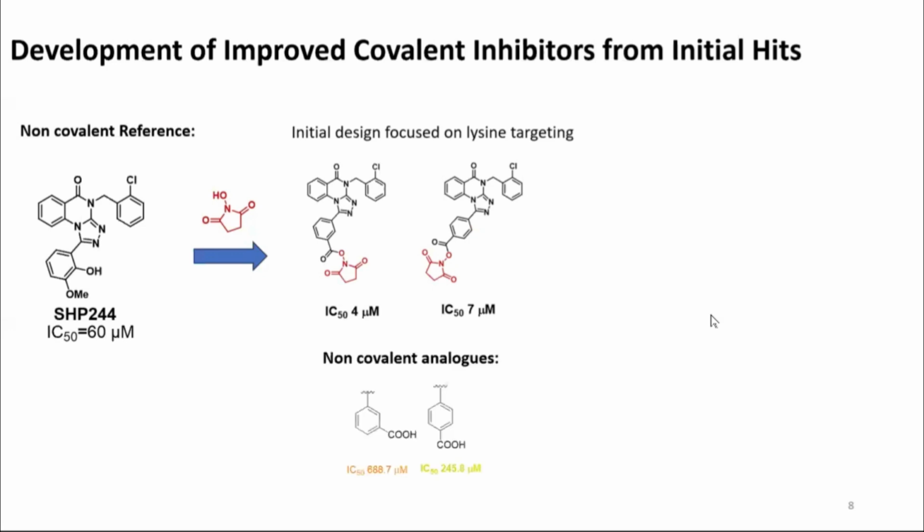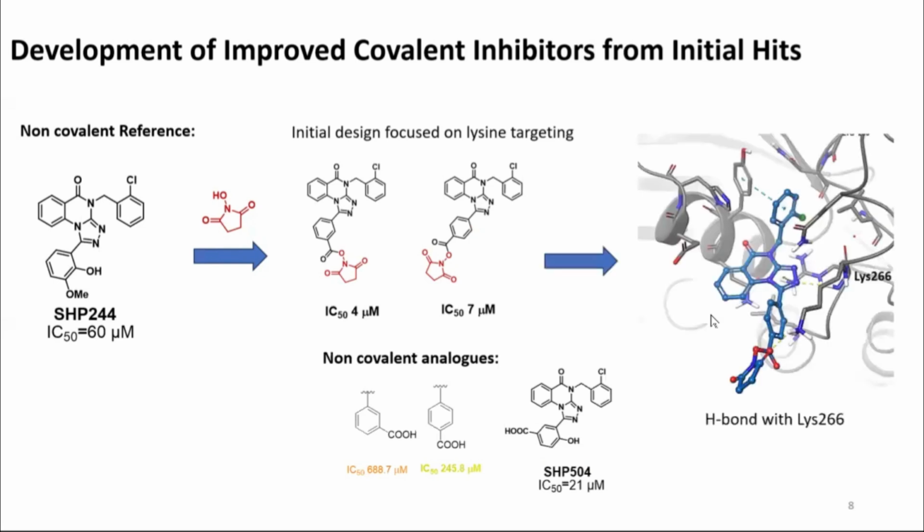If we compare it to the non-covalent analogs, these are quite promising. Especially if we compare to the other non-covalent inhibitor of Novartis, we can see that the loss given from not installing a phenol, an OH, on the aromatic ring can be rescued and even overcome by the covalent strategy.